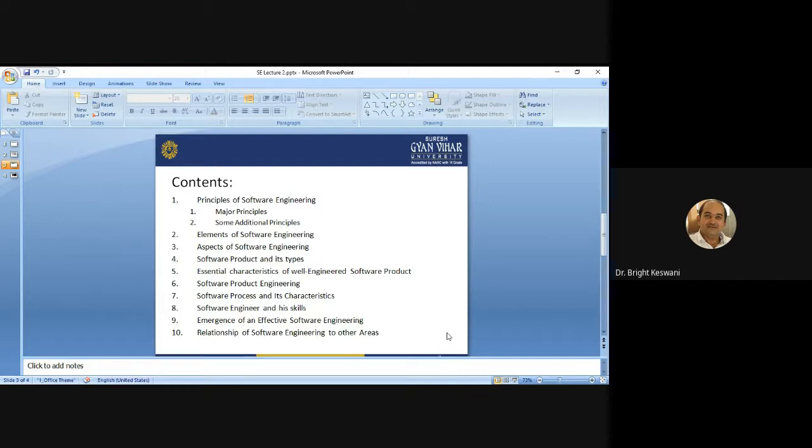The 11th major principle of software engineering is to inspect code. I had elaborated this point earlier also. Project schedules should account for time to inspect and correct every component.